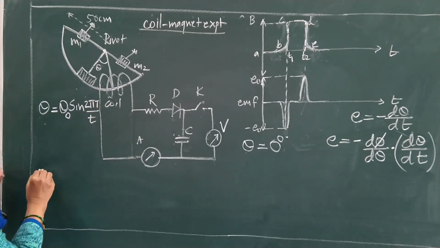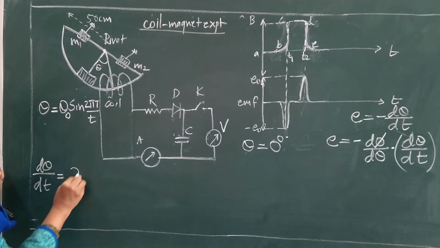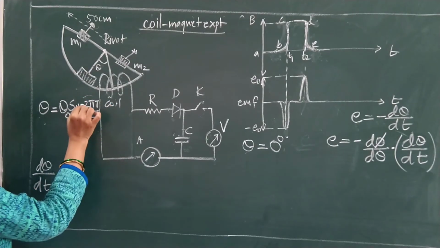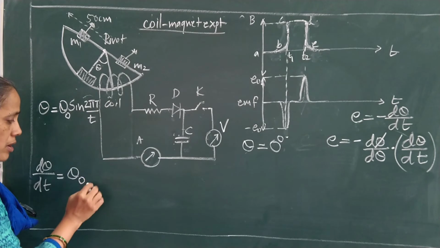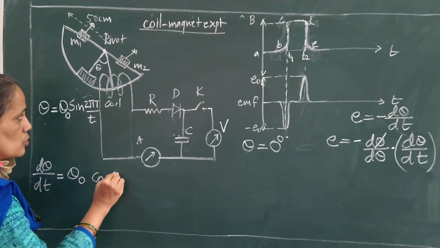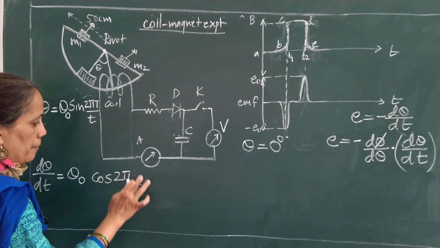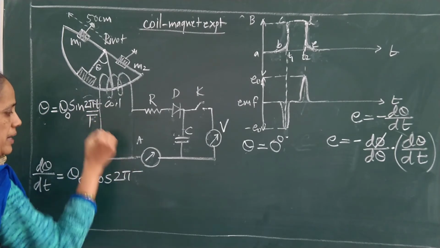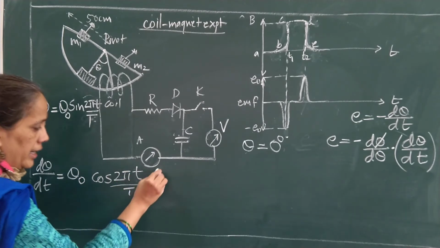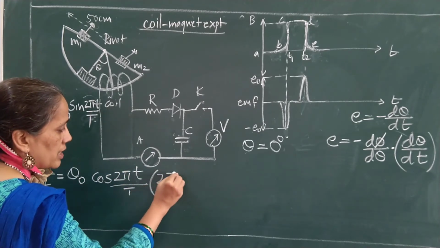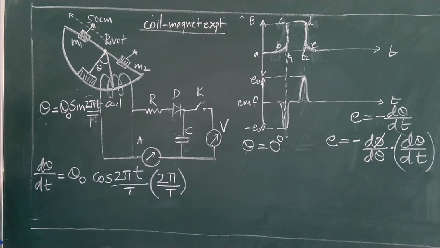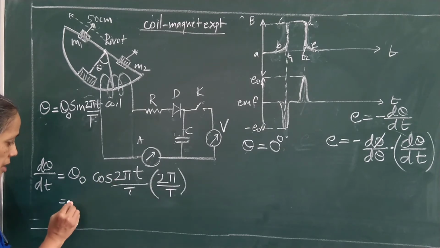Now I can differentiate this. So this d theta by dt can be written as theta 0, the peak amplitude, then the differentiation of sine 2 pi t upon T, which will be written as cos of 2 pi t upon T, into this term, which is equal to nothing but 2 pi upon T. Right? So now what do I write down? This constant term I take here.